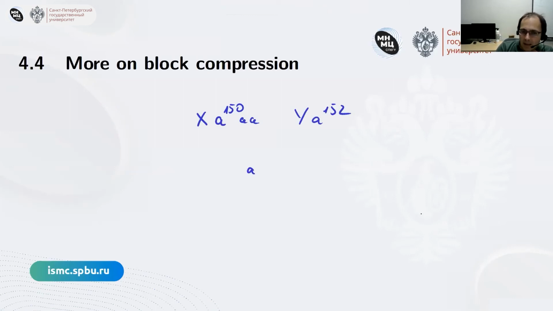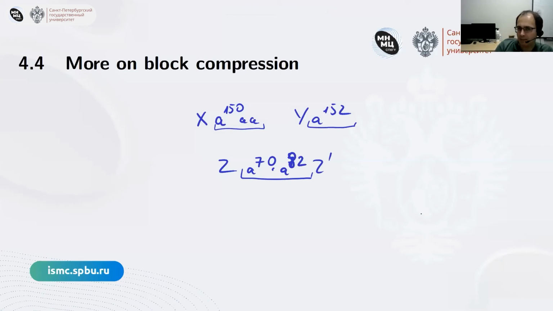And at some other place there's A to 70, A to 70, A to 72 popped from some different variables. Then the only thing that really matters here is that those blocks of A are of the same length. The only thing that matters during the block compression is that they are of the same length, and afterwards they are replaced by the same letter.